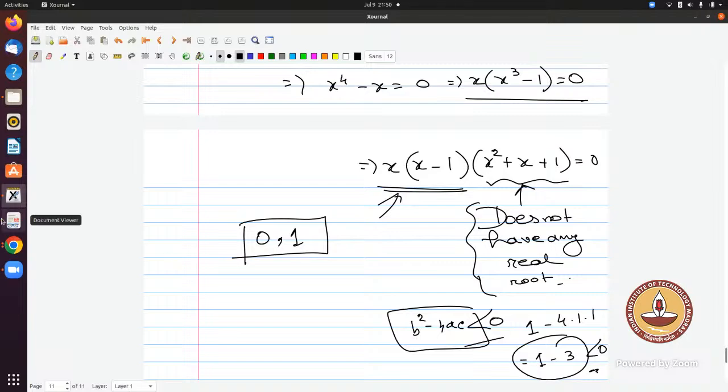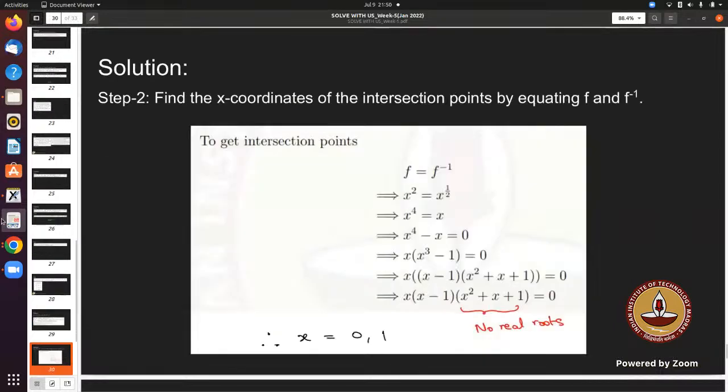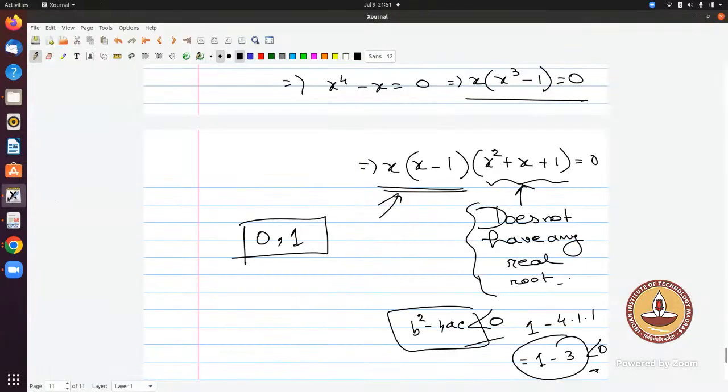If we see the graph of this function, these two are f(x) equal to x square, and this is root x. You will see they intersect only at (0, 0) and (1, 1). So this is what we need. Okay. Whatever we have discussed till now, is it clear to everyone? Yes.